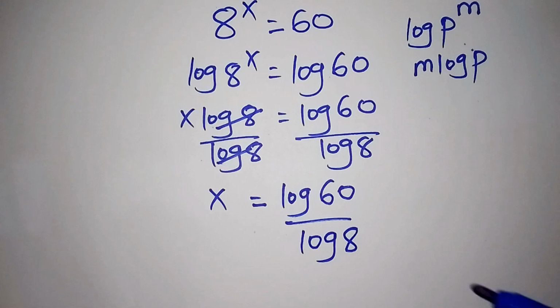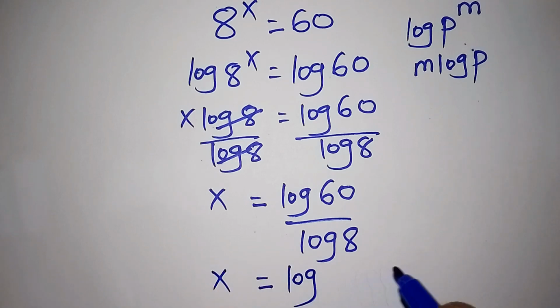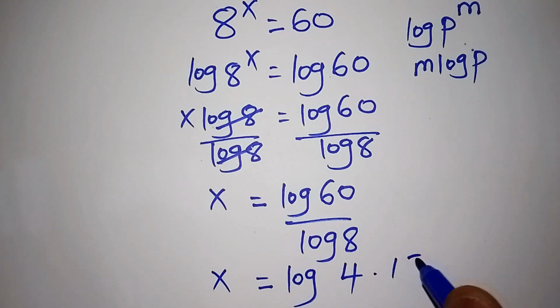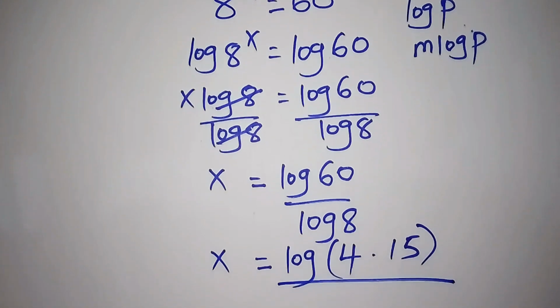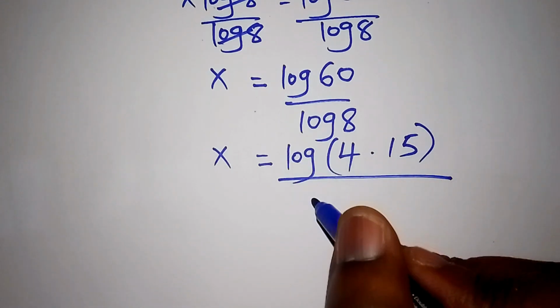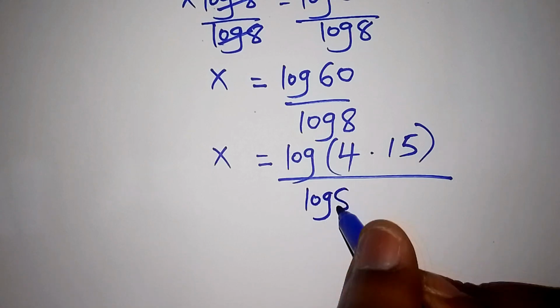So from there, we need to factorize log 60 all over the log of 8. So how do we do that? We shall say that x shall be equal to the log of 60, which can also be written as the log of 4 multiplied by 15, close the bracket, then all over the log of 8.